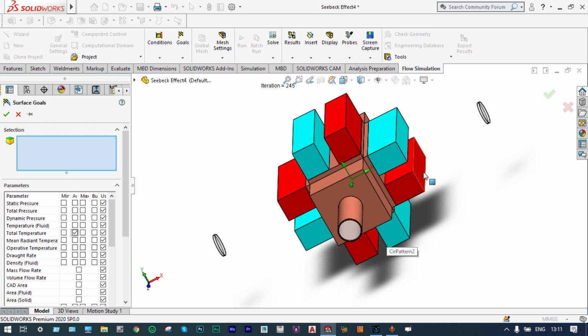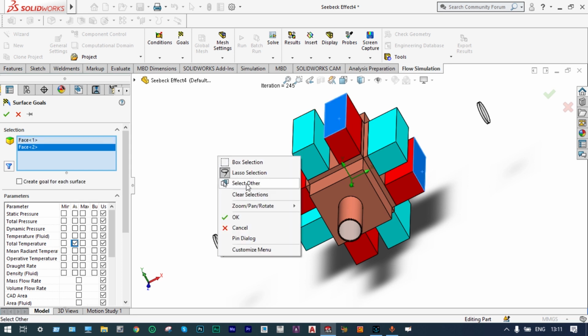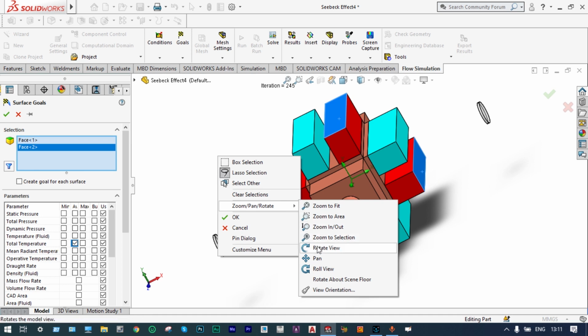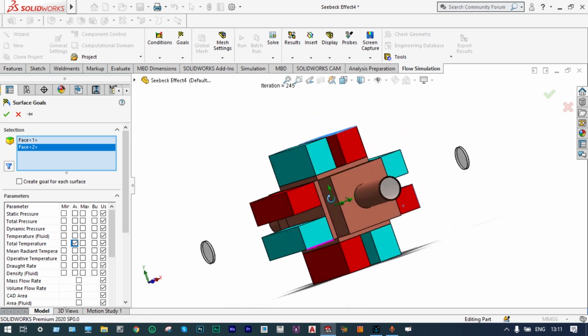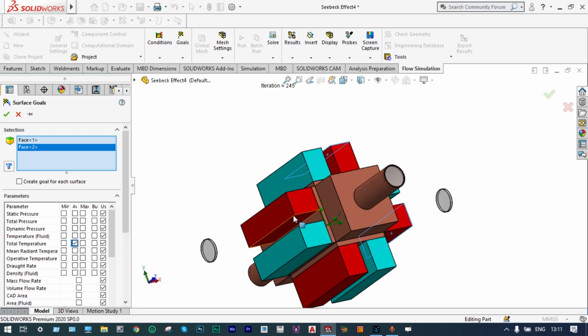Let us select silicon surface 1, surface 2. Now we can rotate a little bit for proper selection. Silicon surface 3 selected, and finally silicon surface 4. We have selected 4 different surfaces of silicon and we want to create goals for each surface separately.